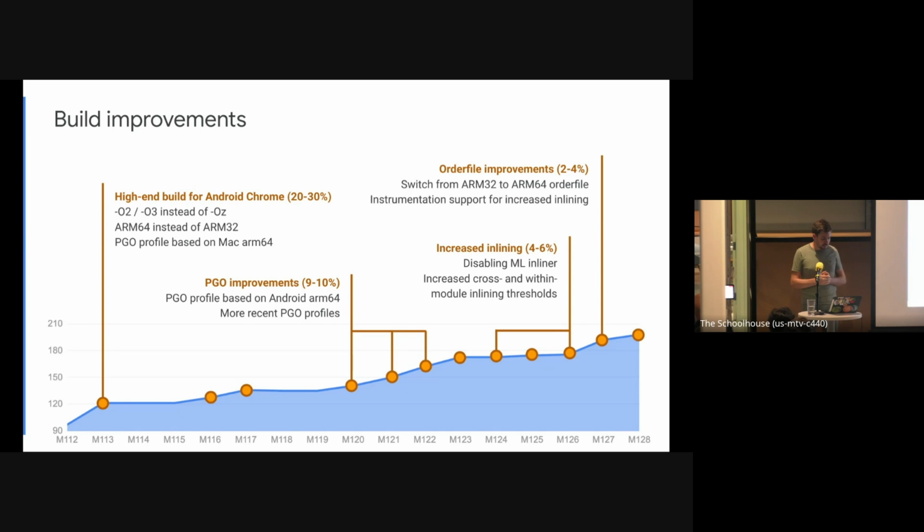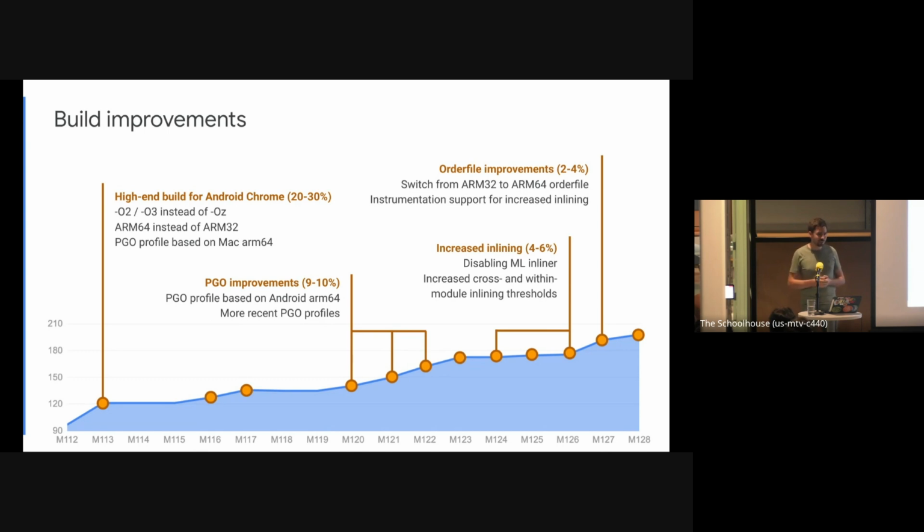We looked at inlining. We made sure that some of the changes that were made specifically for Android's low-end configuration were disabled, reverted back to something that looks a lot more like desktop Chrome. That's disabling the machine learning inliner. This is actually an inliner that tries to optimize for size.